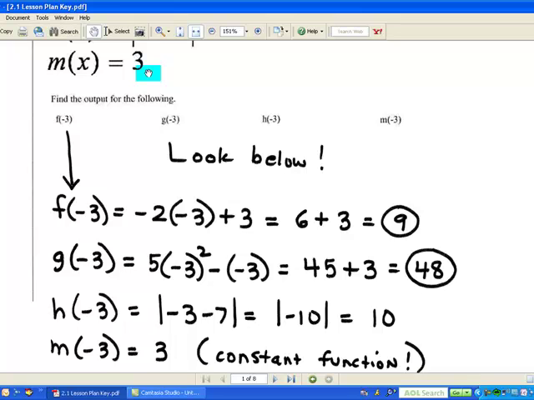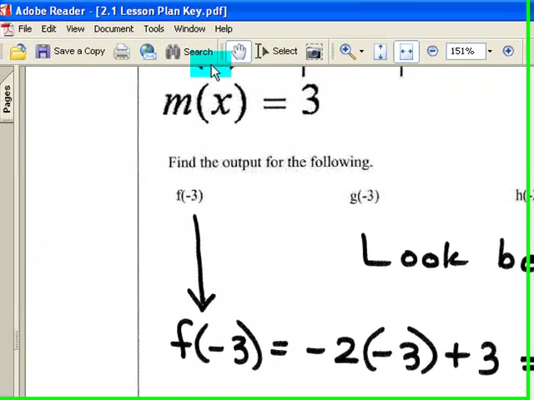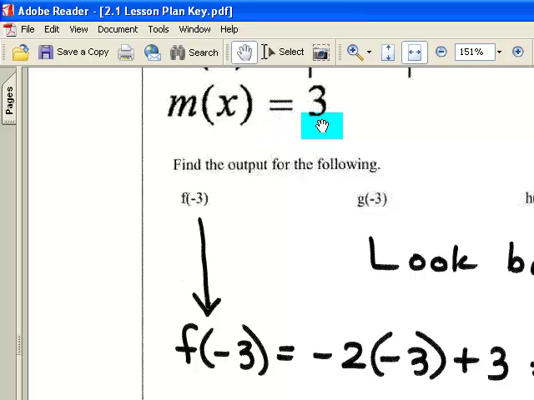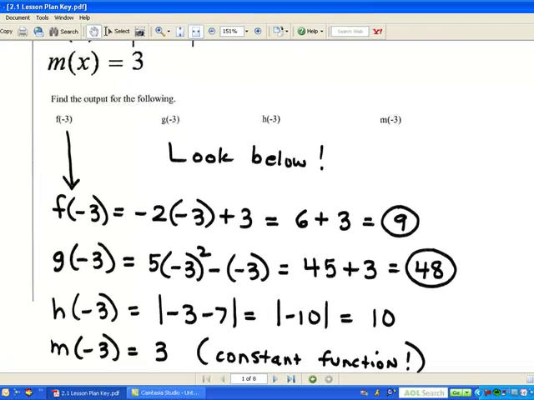That really confuses students sometimes, but what this is actually telling you is that when you just see a number as the answer for a function, what you have is a constant function. So if m of x equals 3, what that's really telling you in math talk is no matter what you put into this function, you're always going to get out the answer 3. That's why it's referred to as constant.